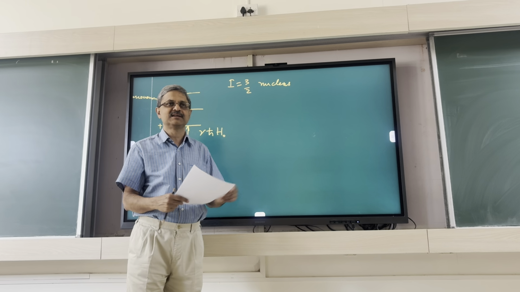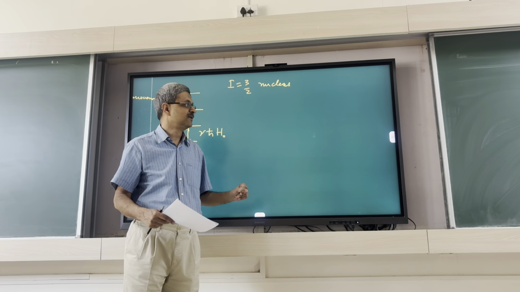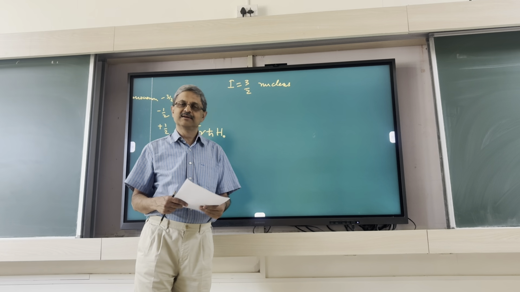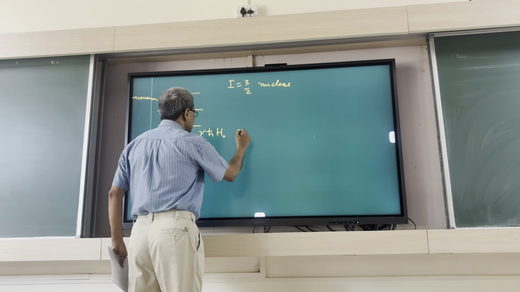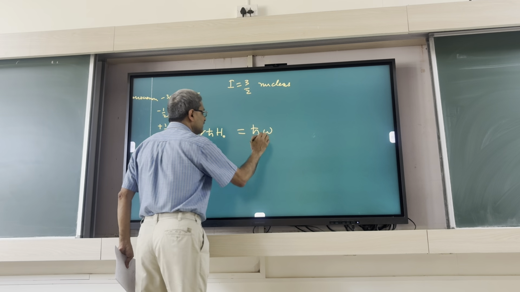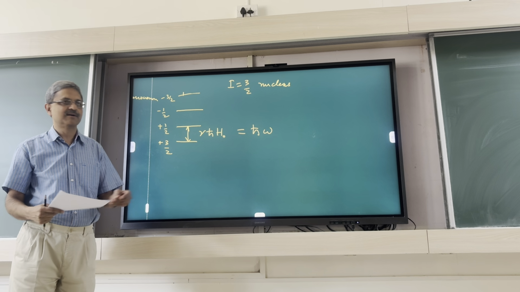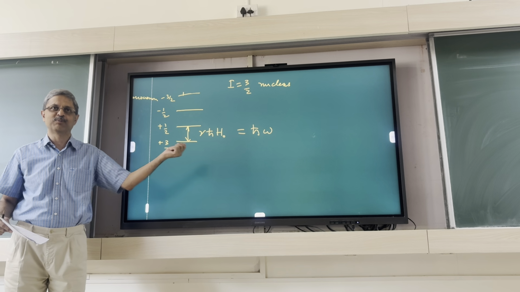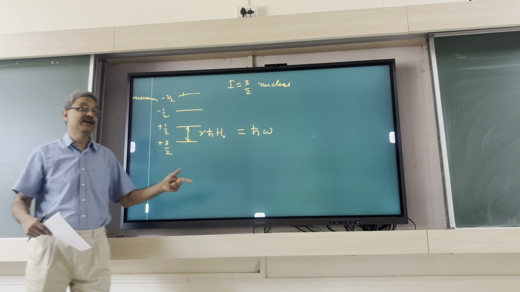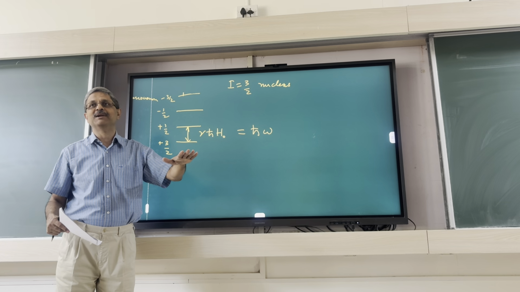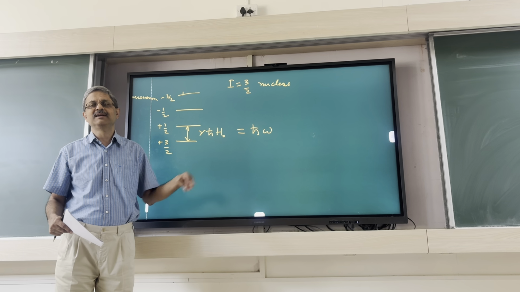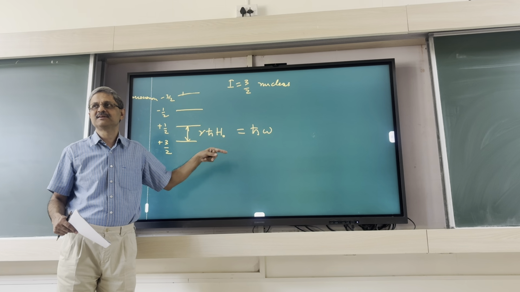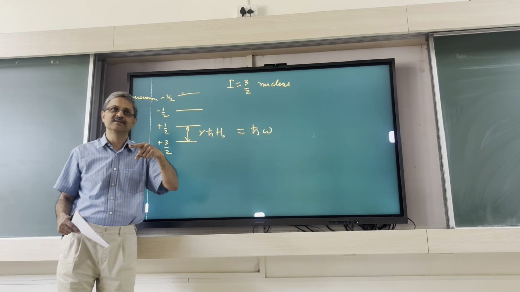Your DC field is in the Z direction. Firstly, you need this to equal H bar omega, where omega is the angular frequency corresponding to the AC field that you're going to apply. That needs to be in the XY plane.